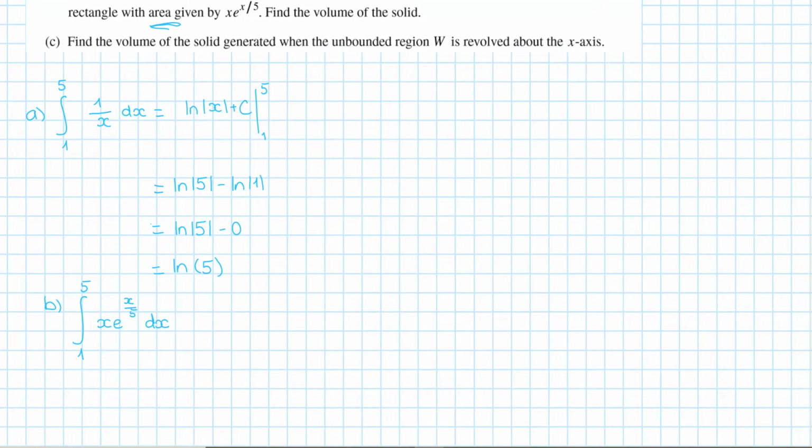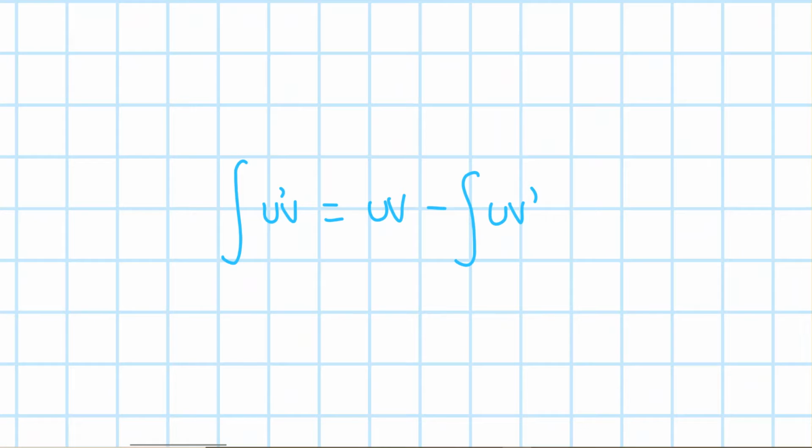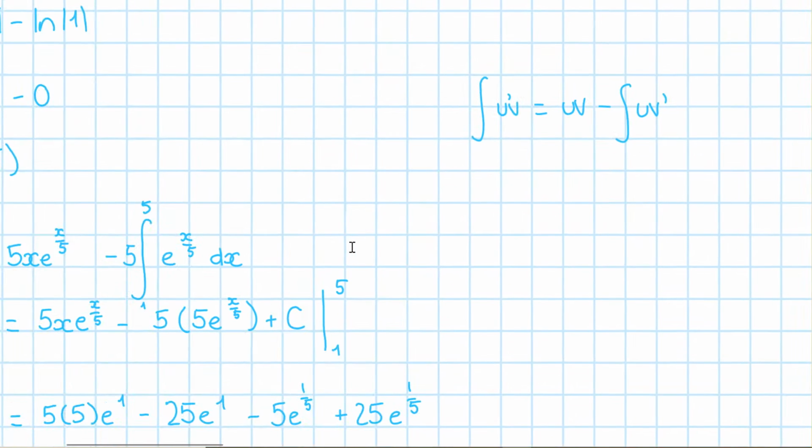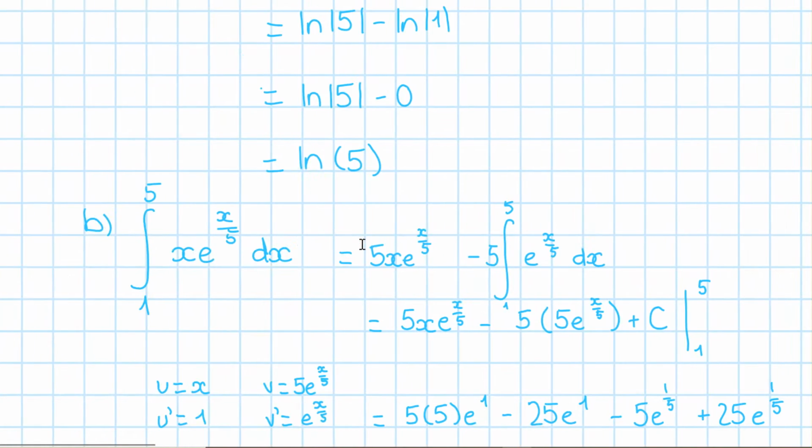And now for this one, it seems like what you need to do is probably integration by parts. I'm going to show that, but first I'm going to write it out so I can talk through it later. So using this formula, you will find a way to do integration by parts. Firstly, you have to define what's u and v.